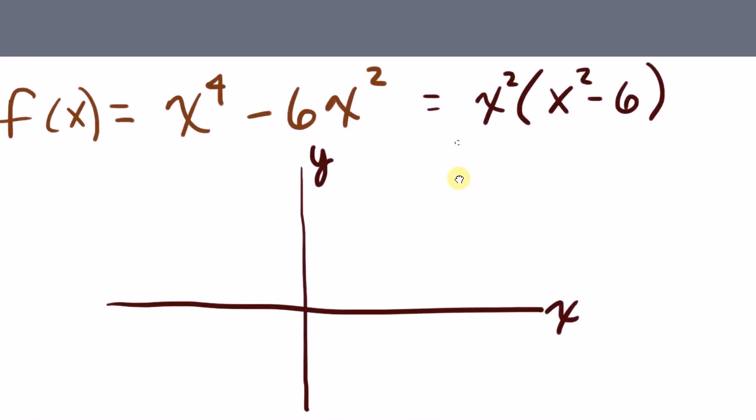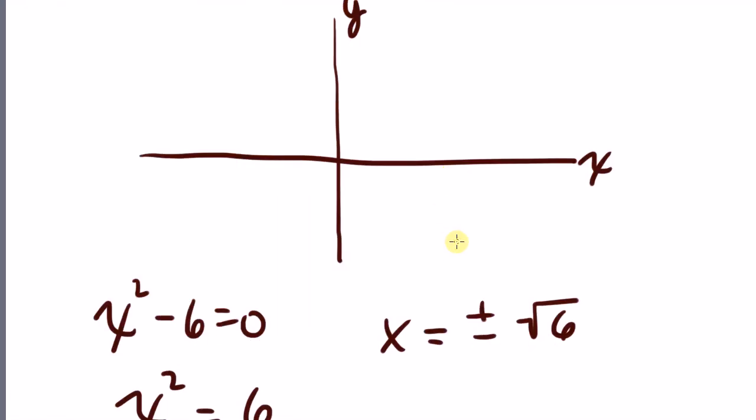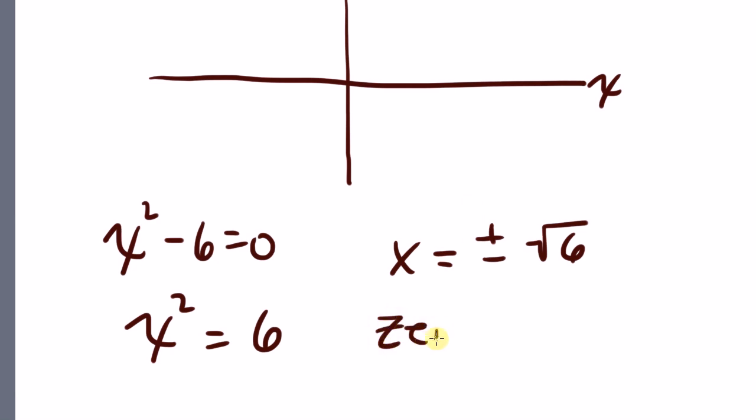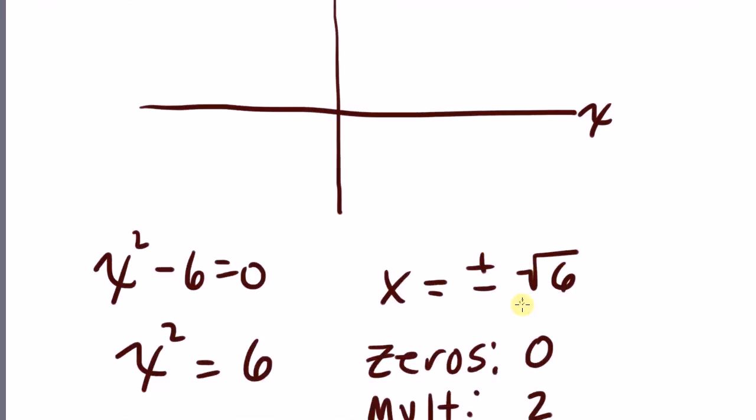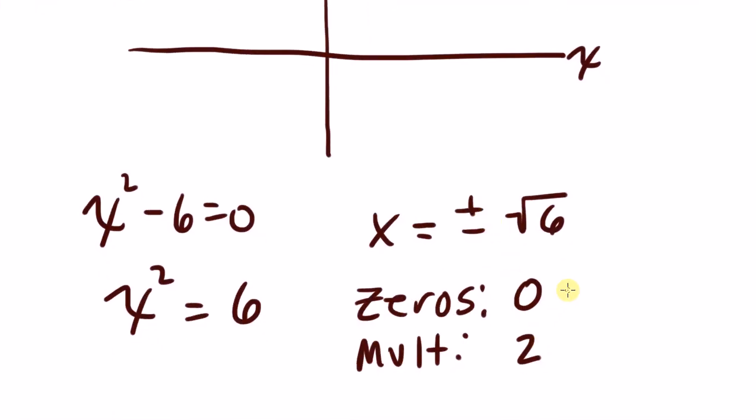So our zeros for this guy are going to be 0 with a multiplicity of 2. Remember, it's squared, so we have a multiplicity of 2. And then it's going to be positive root 6 or negative root 6, a multiplicity of 1 and 1.